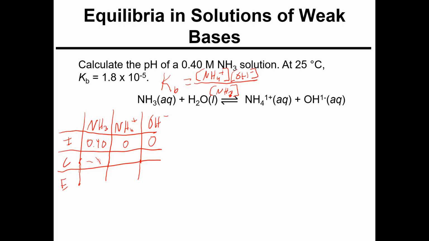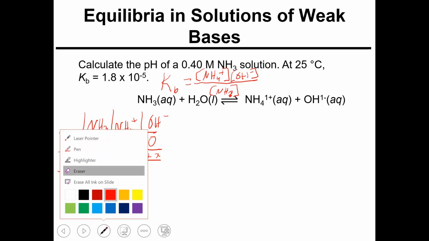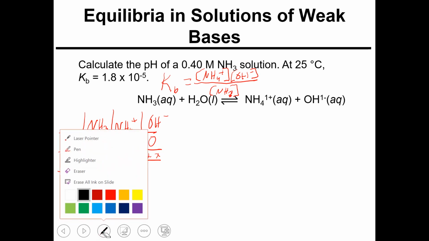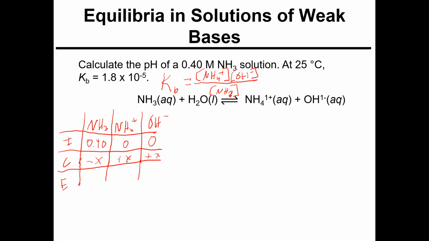As this reaction proceeds, we're going to lose some concentration of ammonia, and we're going to form some ammonium ion and some hydroxide ion. So 0.40 minus X is going to be our concentration of ammonia at equilibrium, and our concentration of the ammonium ion and hydroxide ion is going to be X.